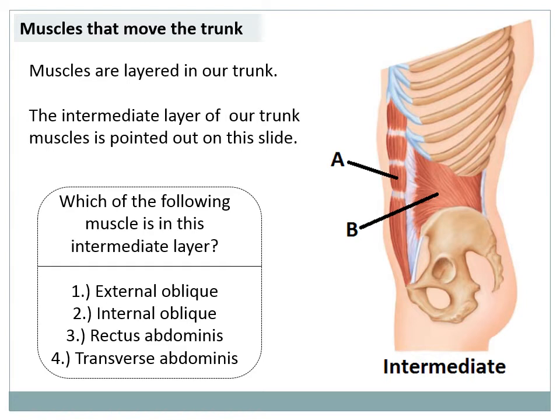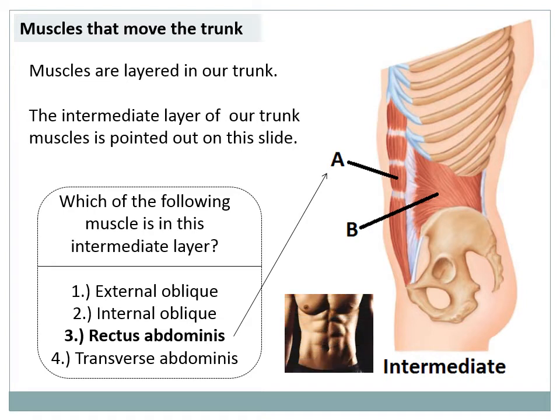Your abs are the rectus abdominis. Rectus means straight. Abdominis, you can think abs. So we have straight muscles that run up and down that form our abs. If you ever think of a six-pack, your rectus abdominis is what can get you to that six-pack level. What do you think B is?